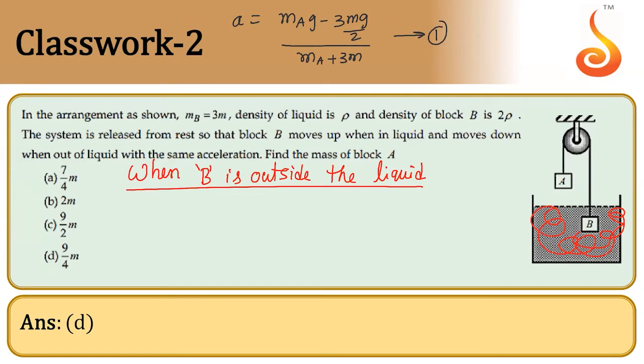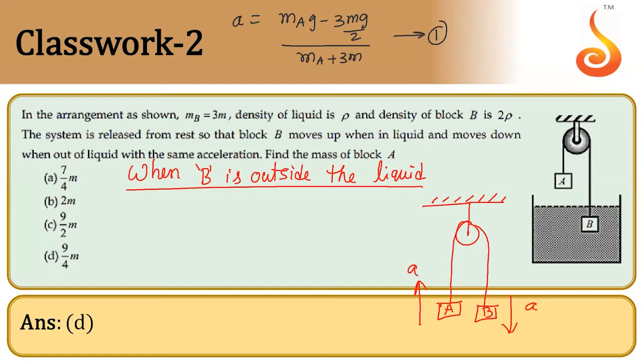So it is like this, and this diagram will not work when block B is outside. This is block A and this is block B. Block B is going downward and block A is going upward according to the question. This is 3 mg, the actual weight, and this is MAG.